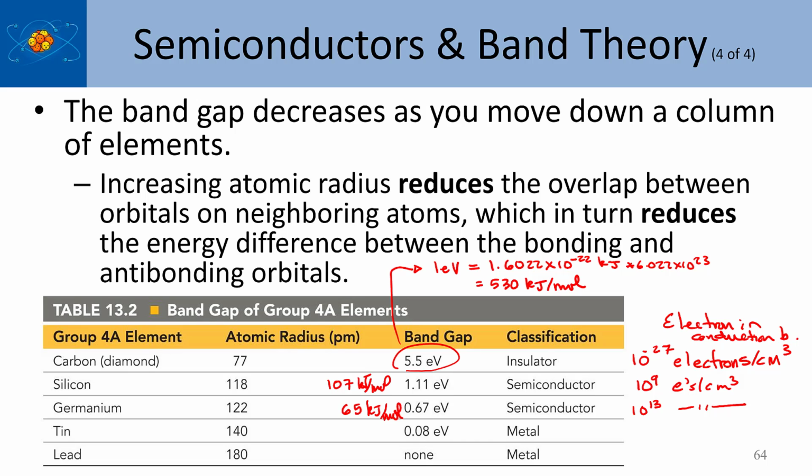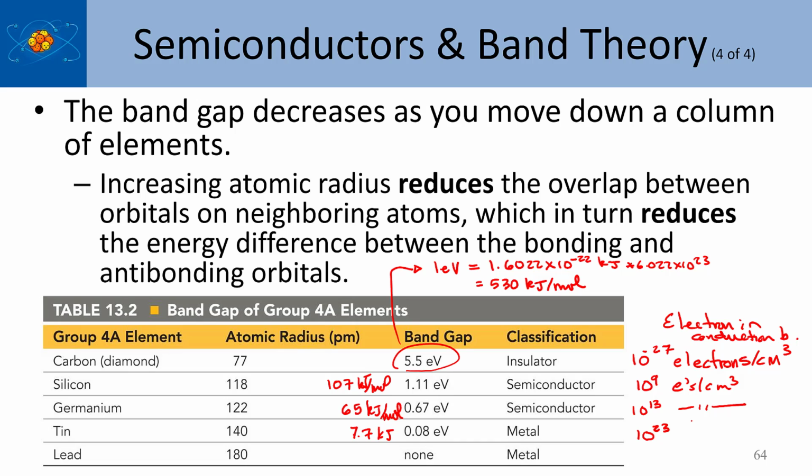So for tin, the band gap energy difference only comes out to be about 7.7 kilojoules per mole. And the charge carrier density grows exponentially. So by the time we get to tin, essentially what we're looking at is the density of valence electrons.